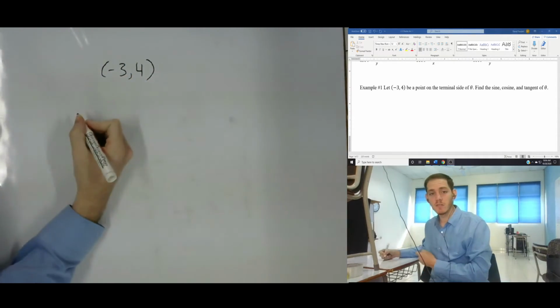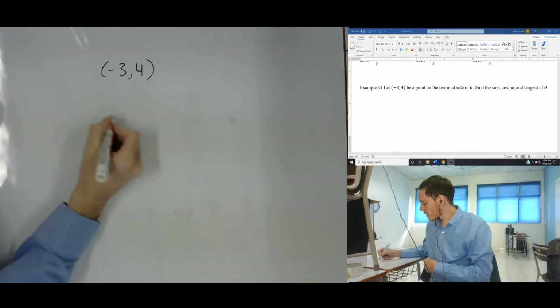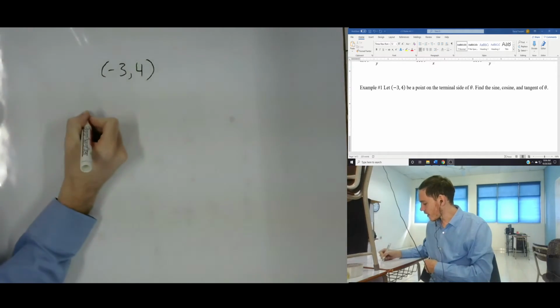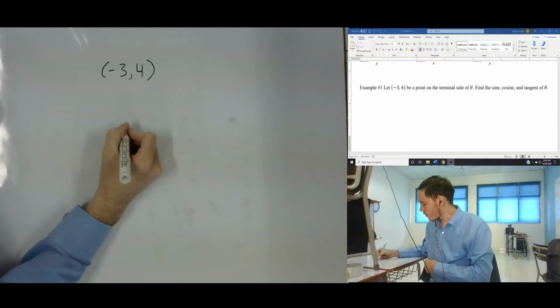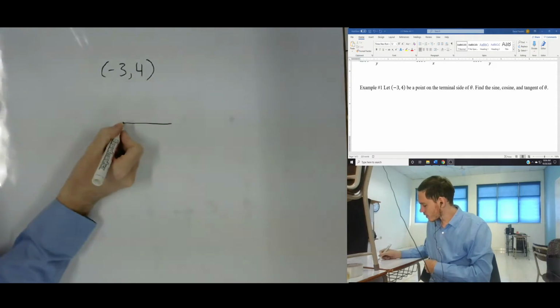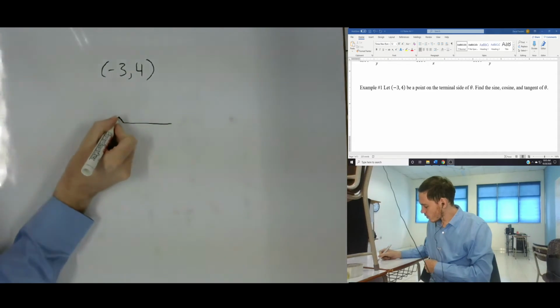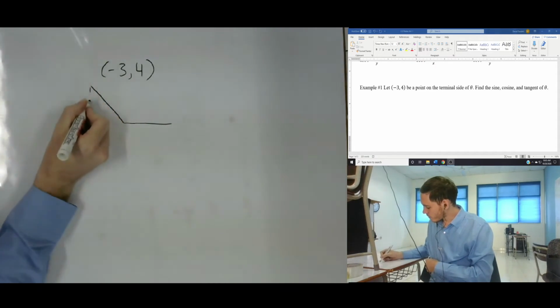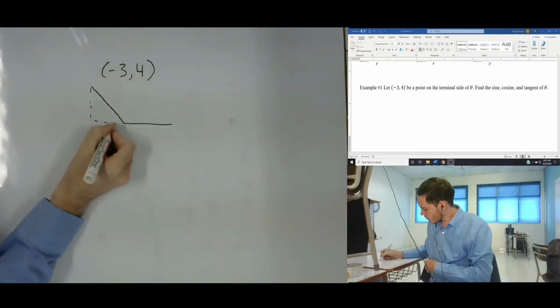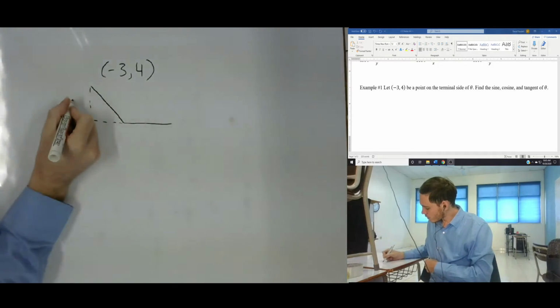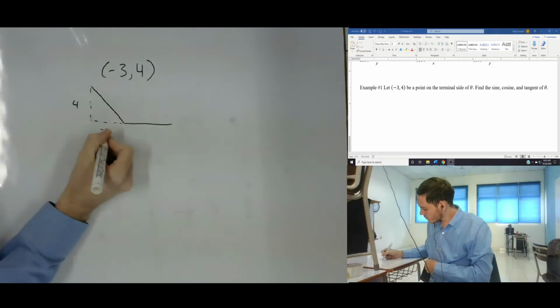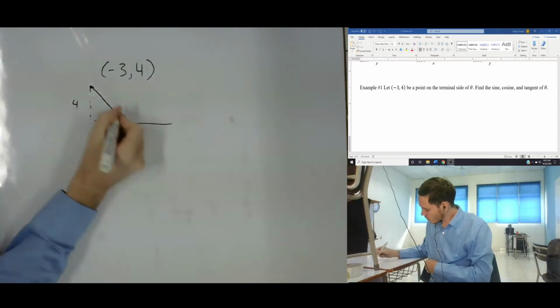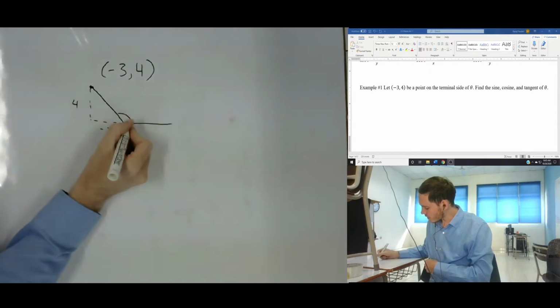As any of you know, that's going to give us an angle. If we draw it approximately, we have 4 height, and it's this angle right here.